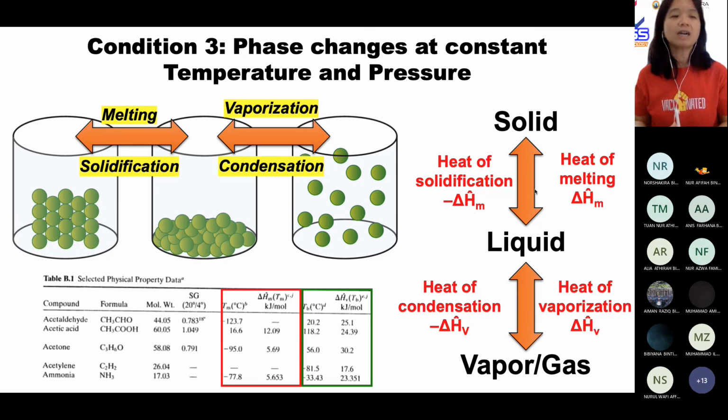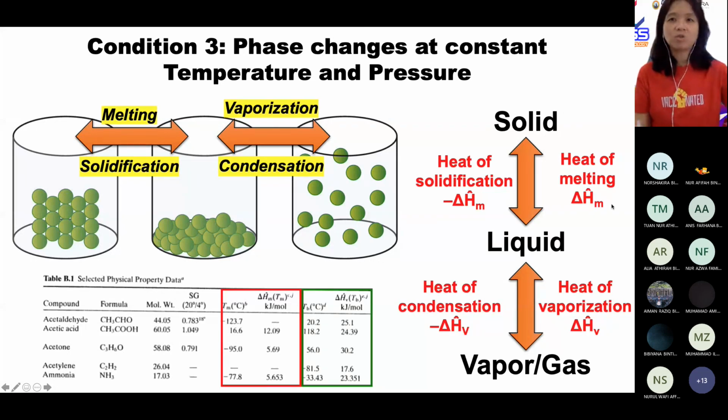Tapi macam mana kita nak include heat dia? Kamu kena tengok pula perubahan fasa tu daripada apa ke apa. Contohnya, from solid to liquid is melting, kan? Okay, so for solid to liquid, we will add the heat of melting.